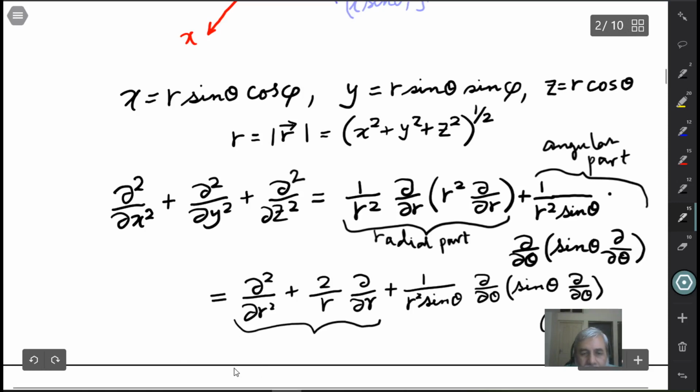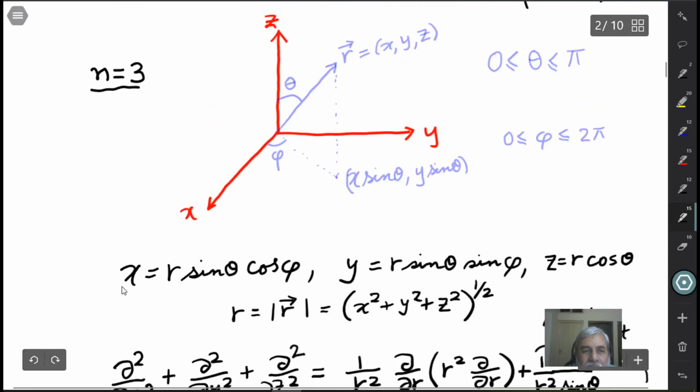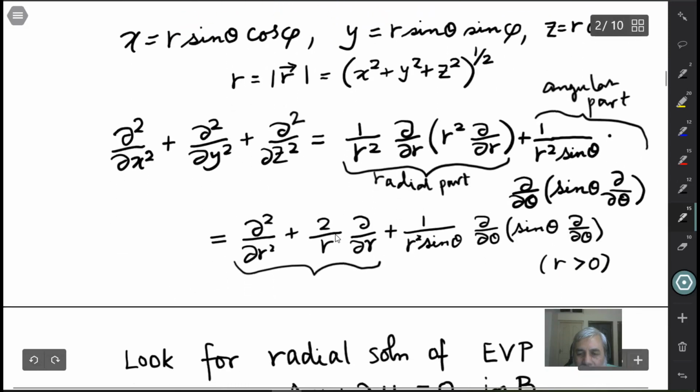Okay, so in general for the n dimensional case, instead of 2 we get n minus 1. Okay, and similarly you can write in any dimensions. Okay, so there will be n minus 1 angular variables.